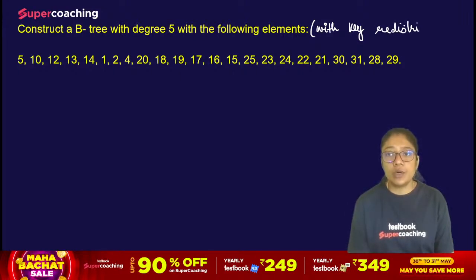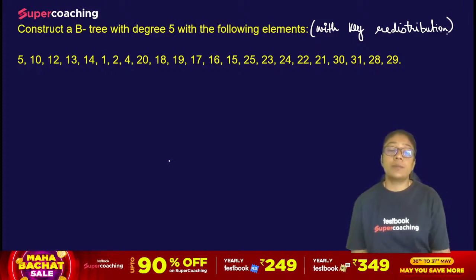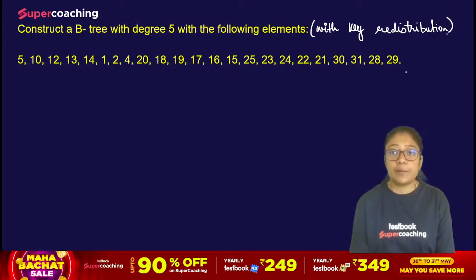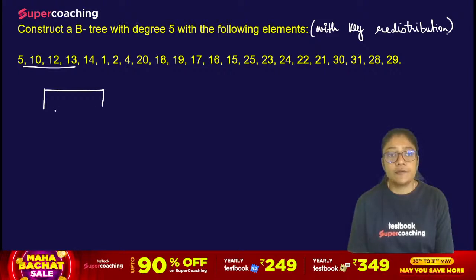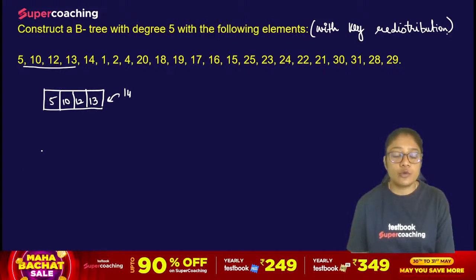Now, in order to reduce the cost, the number of levels of a tree or the multi-level index, we are going for the concept of key redistribution. So first four elements ऐसे ही आएंगे, that is 5, 10 and 5, 10, 12 and 13. 14 is coming up. There is no possibility of key redistribution, so we have to go for the node splitting.